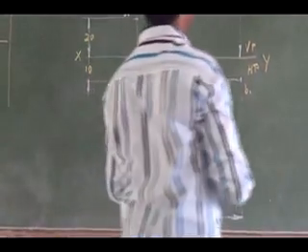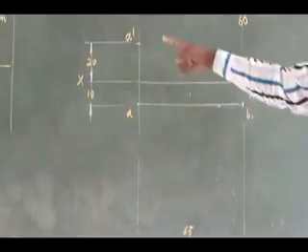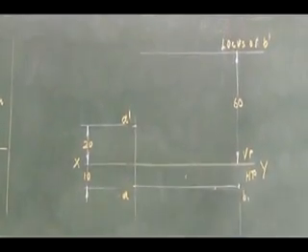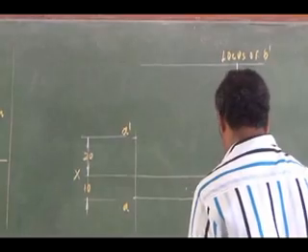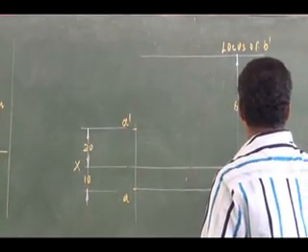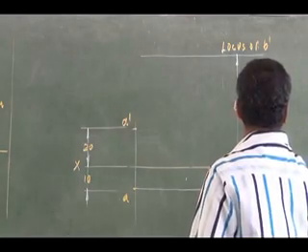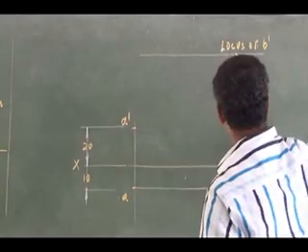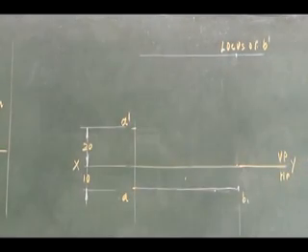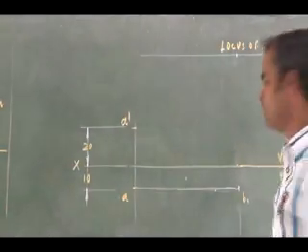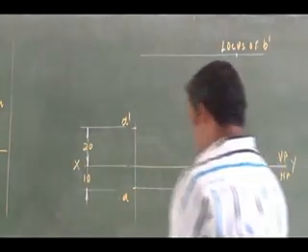Right. So then, what is another data? It is beta. Beta is 30 degree. Beta is nothing but the top view angle. So this is my top view length.